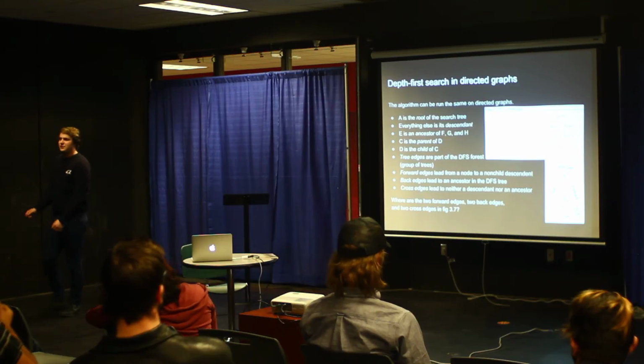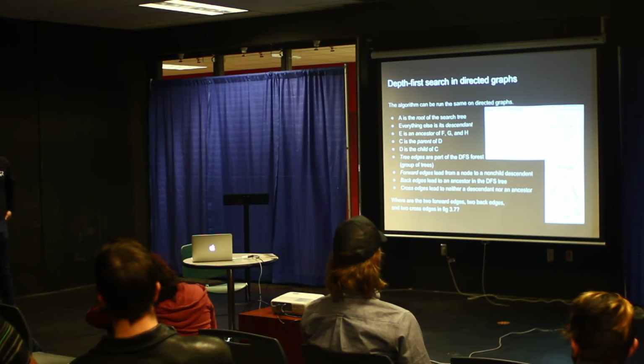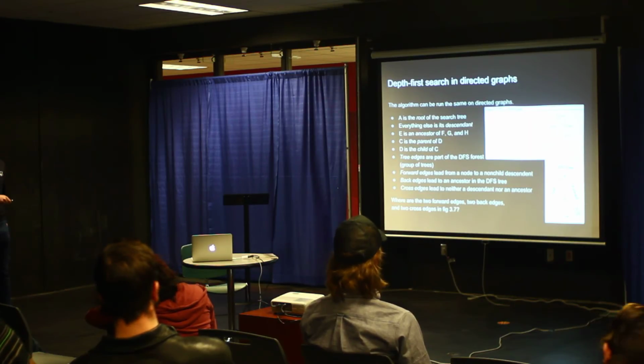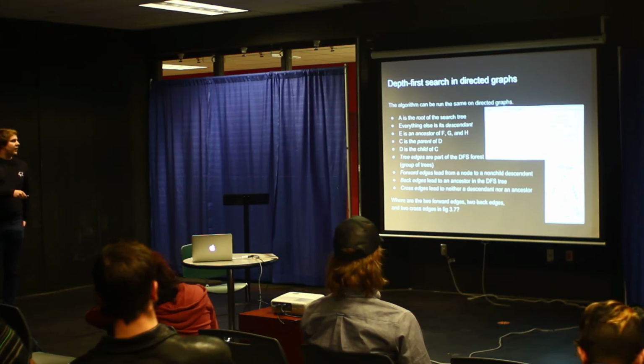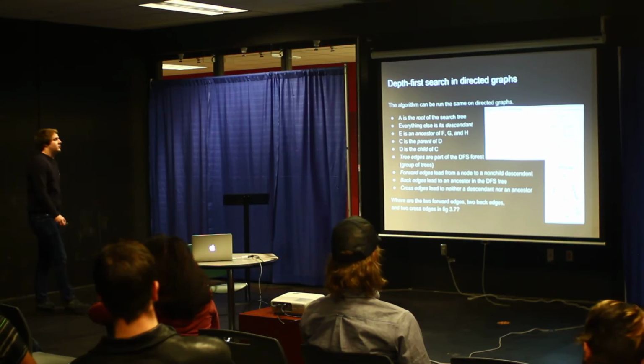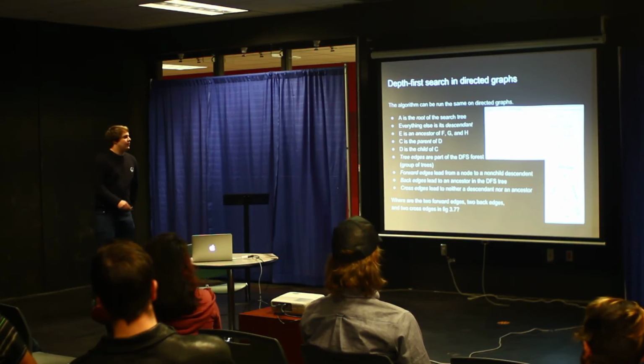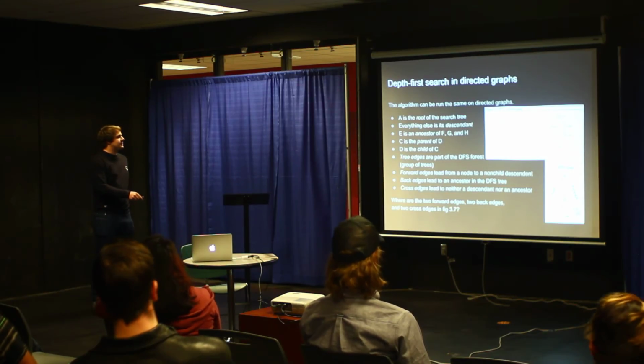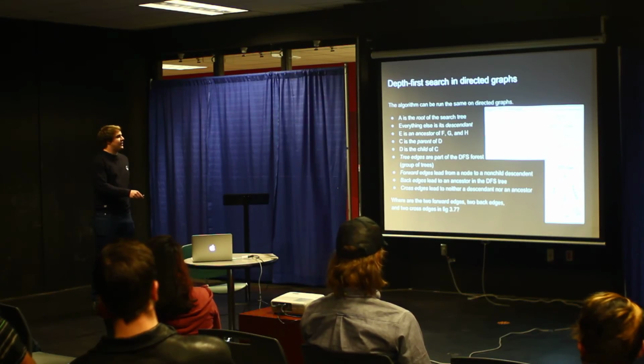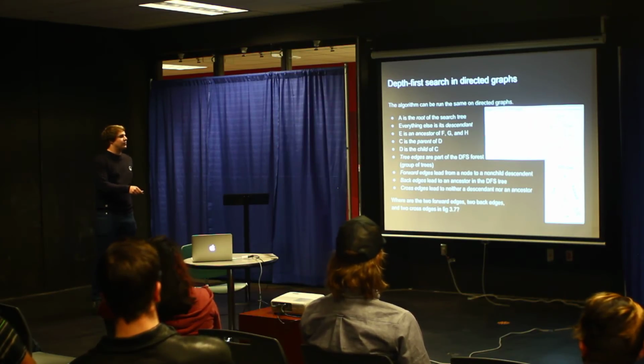And that's mostly because we choose to start at A. But everything else is its descendant, because from A you can get to any other node, where that's not true for other nodes. We consider E to be an ancestor of F, G, and H, because those all, if you follow them backwards, go back to E.